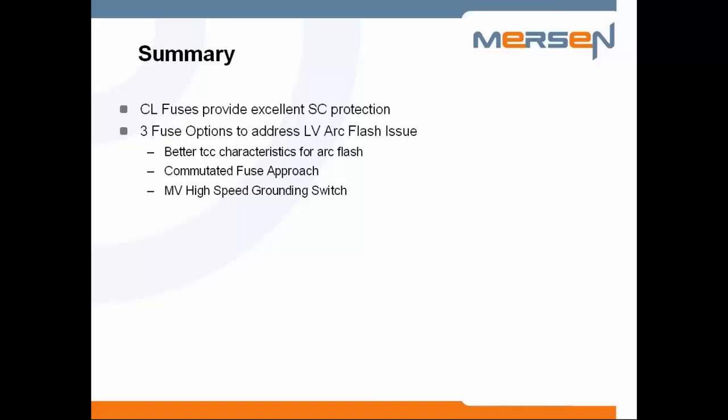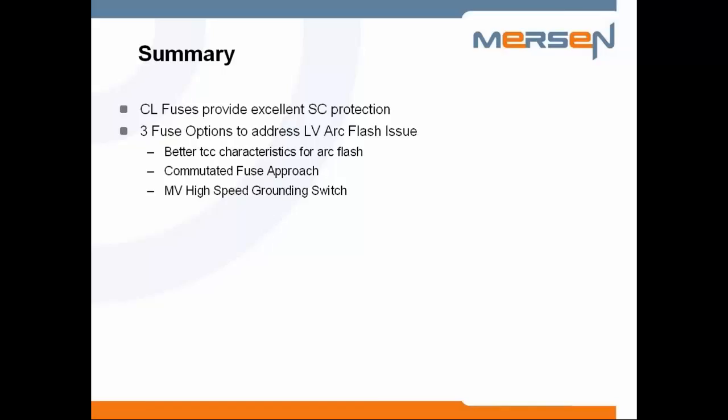The first one involved a less inverse time current curve, which gave clearing times in the 200 to 400 millisecond region that translated for 15 kV equipment to what would be low category 3 type levels from 10 to 20 calories per square centimeter.